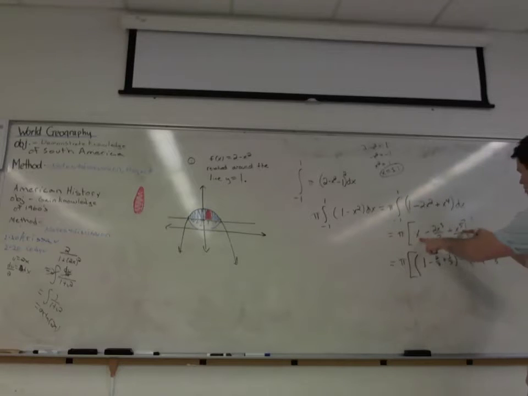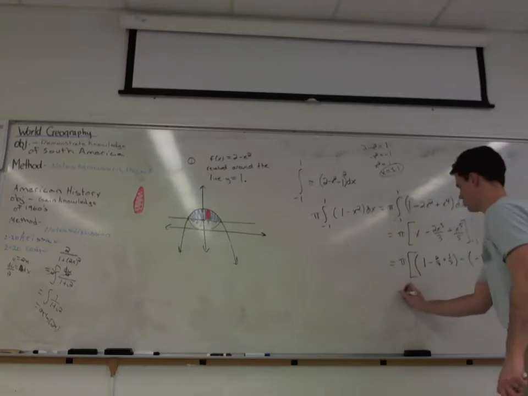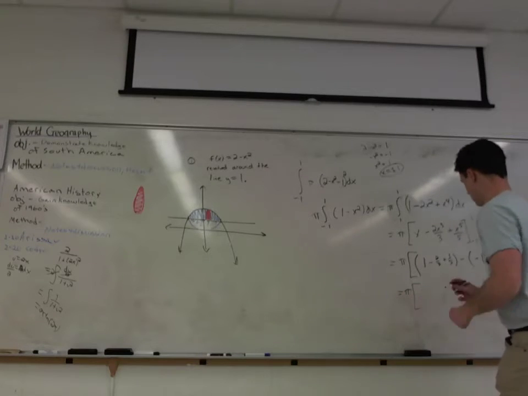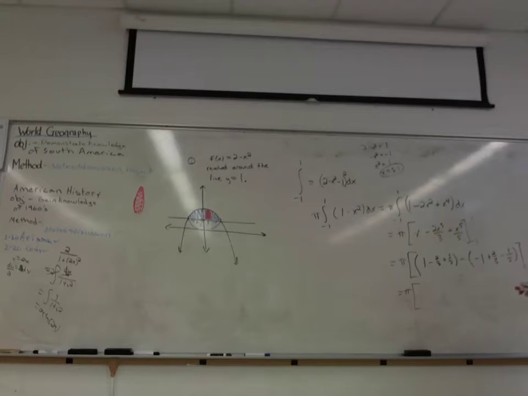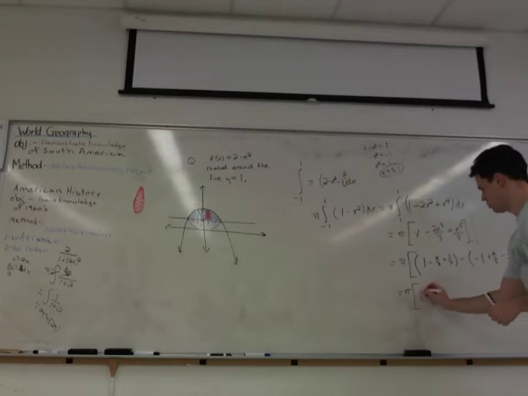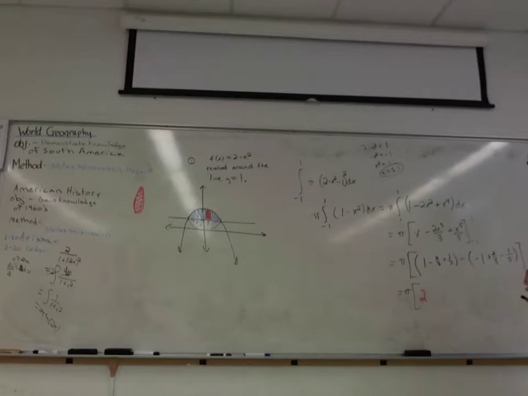Sorry, negative is negative. Okay, I had all that. And then it's 15. It's easy to make mistakes on this. So 1 plus 1 is 2. 2 minus 4/3 plus 2/5. 2 fifths minus 4/3. Yeah, I agree. 1/5 plus a fifth is 2/5.